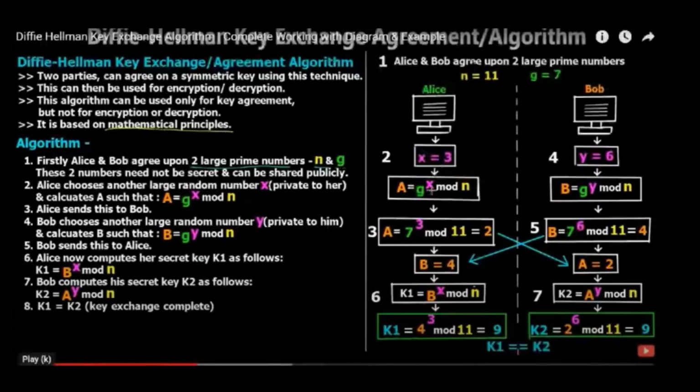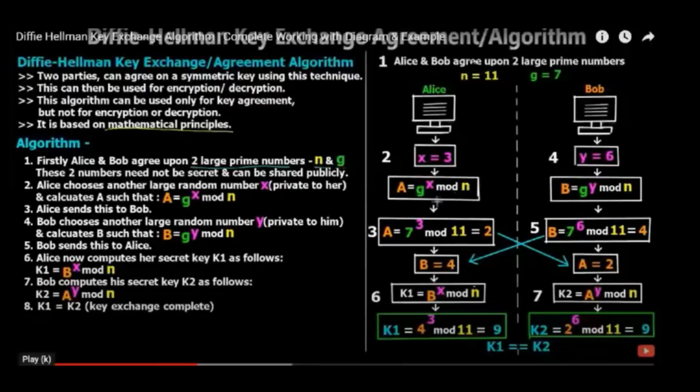Using these three numbers, they are going to calculate something called A. We already know G. So G power X means 7 power 3. You can take a calculator and do it. I will show the answer later. Now, G power X mod N, this is the formula. So they are getting some remainder here.